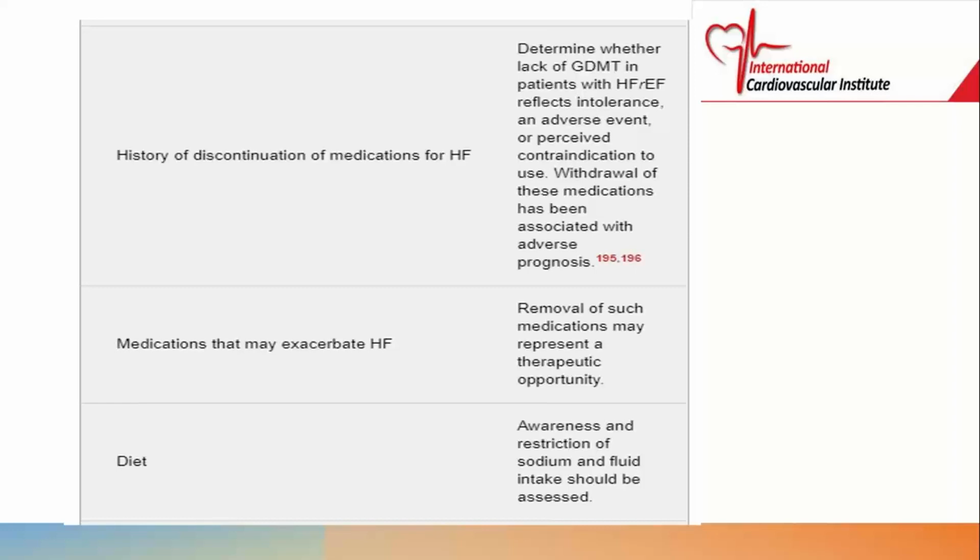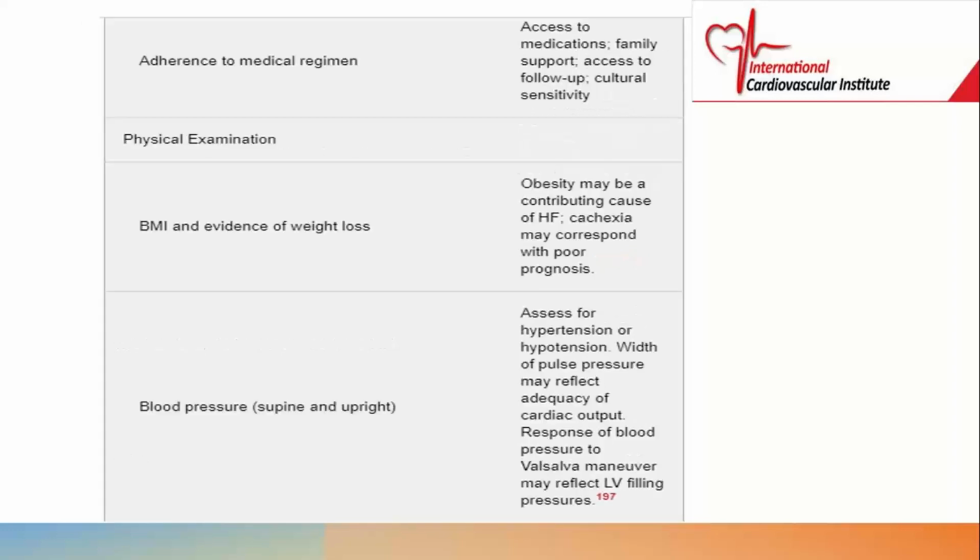Also, they may be taking other medications which can aggravate heart failure. One of the common medicines that can do that is NSAIDs, non-steroidals. Also, dietary history is important because remember, we put these patients on salt restriction, and some of these patients also fluid restriction. So they may be eating a lot of salty stuff and drinking a lot of fluids.